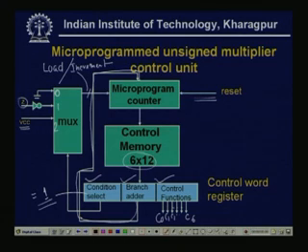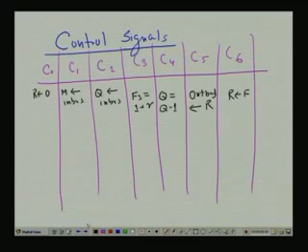In this particular example, C0 to C6, these 7 control signals are generated from the control functions. So, we have to design the control function field of CWR, the control word register, accordingly. Now, we see the condition select and branch address.